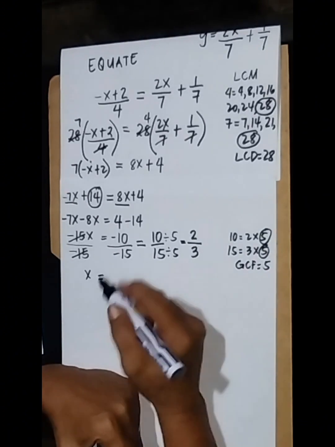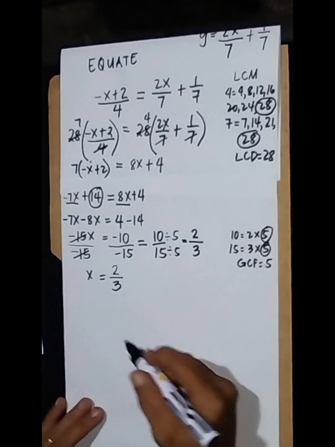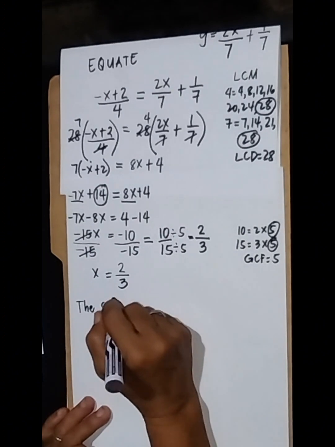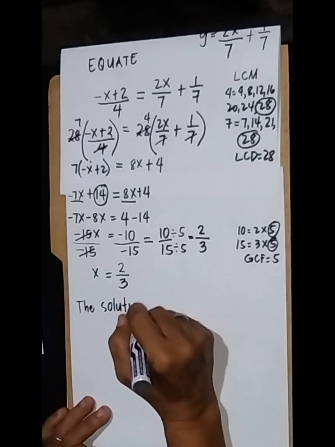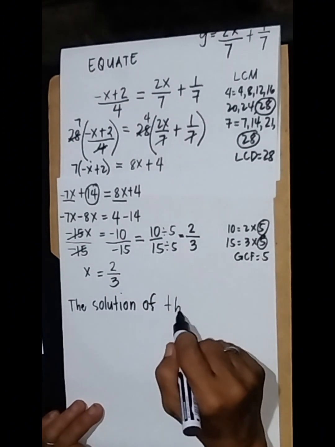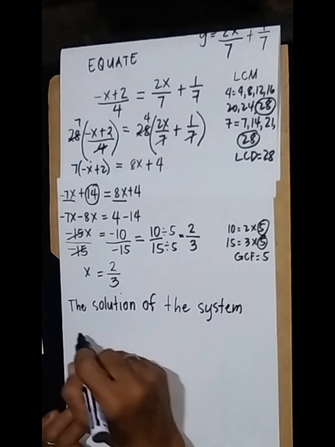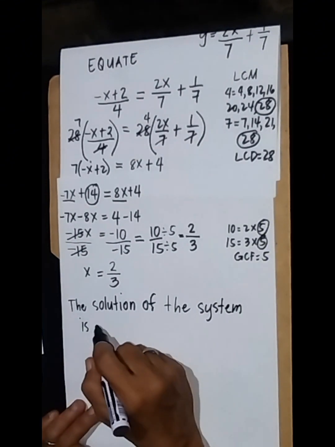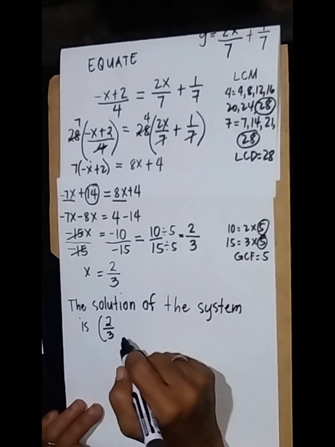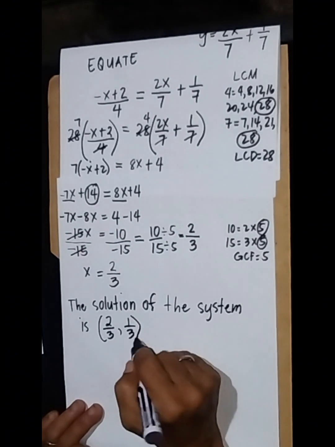So, the value of x now is 2/3. So, the solution of the system is 2/3 for x and 1/3 for y.